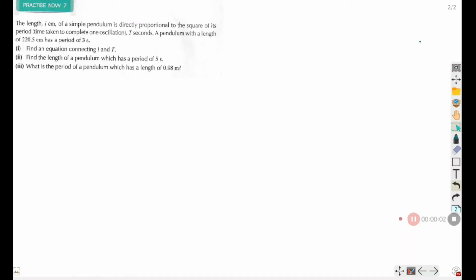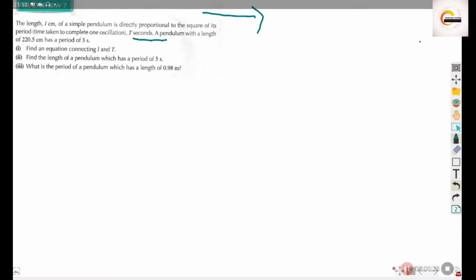Alright, practice now. 7. Question: the length L centimeter of a simple pendulum is directly proportional to the square of the period, the time taken to complete one oscillation, that is T seconds.